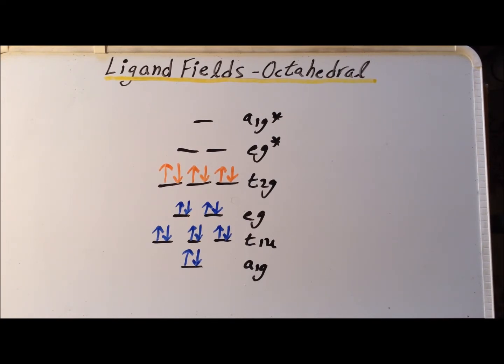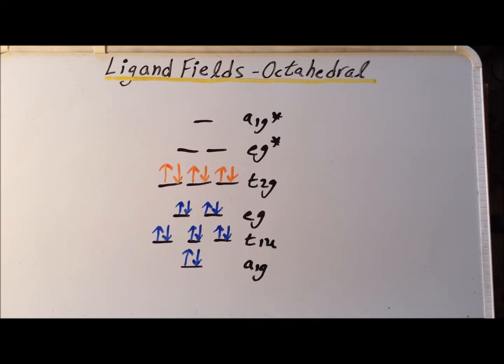Recall that chromium is an exception to the general rule. The important thing for us is that we can treat the 4s electron and the 3d electrons as if they were all d electrons. Once we get to the molecular orbital diagram for the complex, we can treat the 4s and 3d electrons as if they were all d's.